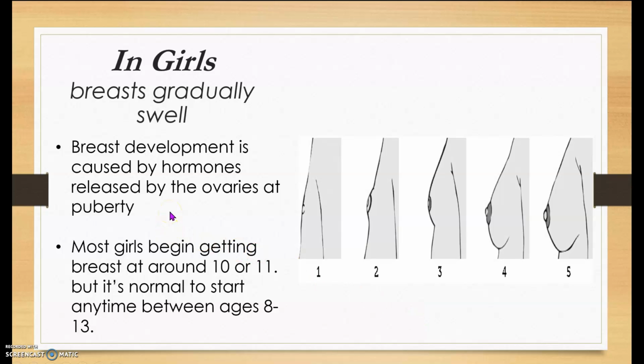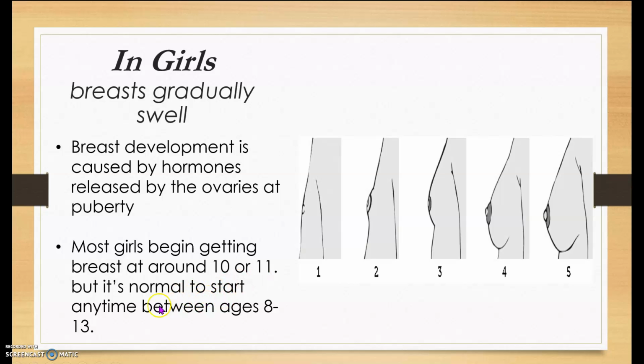Breast development is caused by hormones released by the ovaries at puberty. Okay, so the breasts swell because of the hormones that are coming from our ovaries.